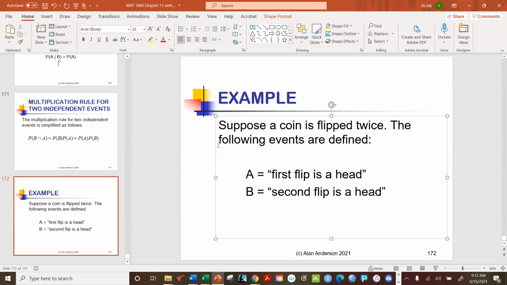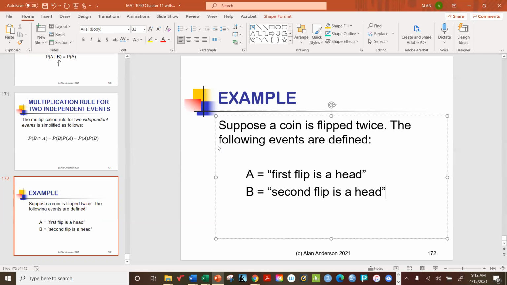Okay, now you can see where this is going. The way a coin works is that once I flip the coin, let's say the first flip is a head, does that influence the probability of getting a head on the second flip? And the answer is no. Why would it?